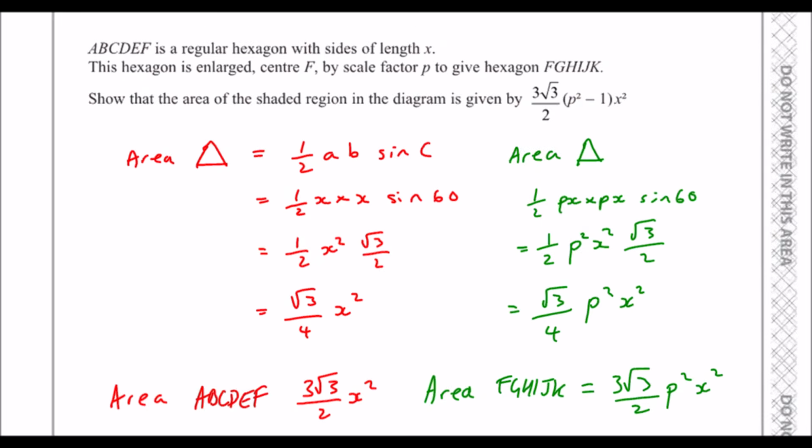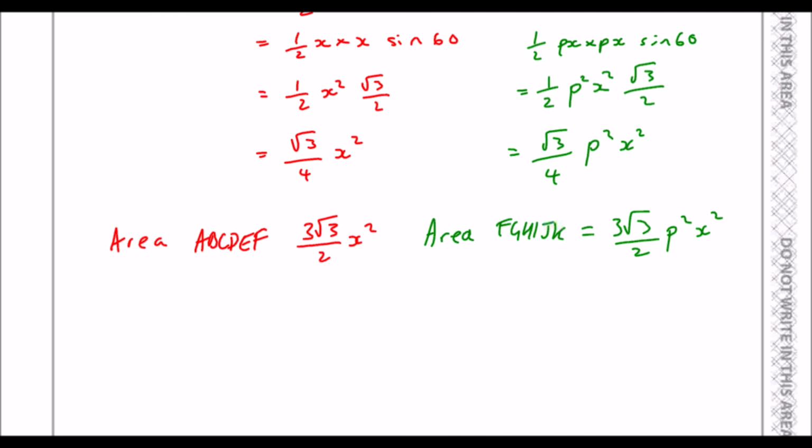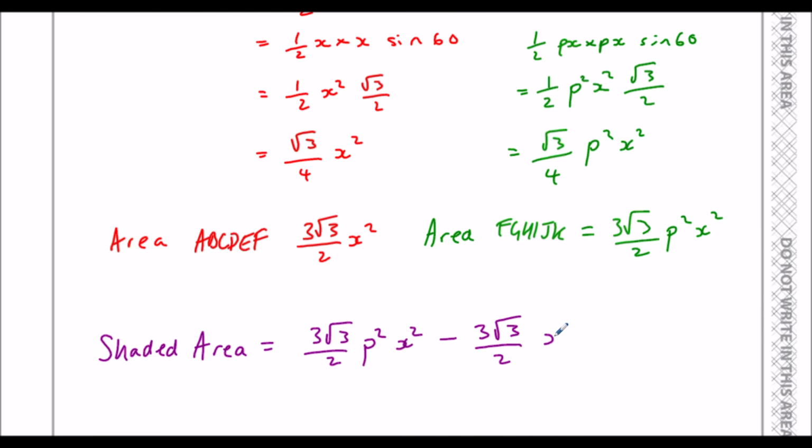So the shaded area is the big one take away the small one. So shaded area is 3 root 3 over 2 p squared x squared, take away 3 root 3 over 2 x squared.